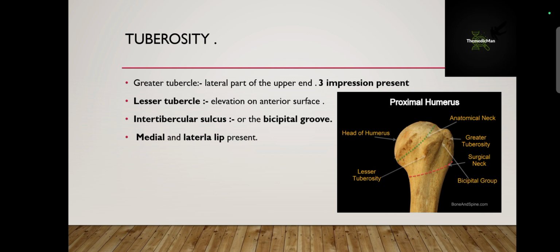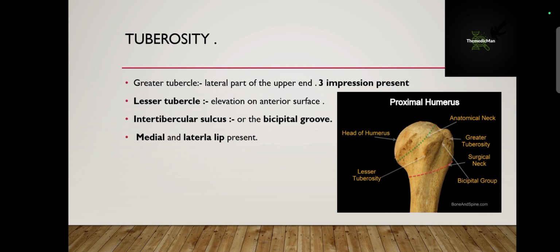Now, seeing the tuberosities, the upper end has some impressions which we call tuberosities. There are the greater tubercle or greater tuberosity, and the lesser tubercle or lesser tuberosity.